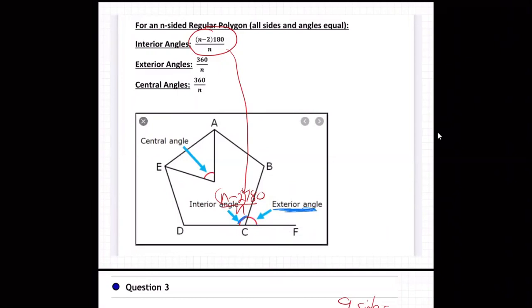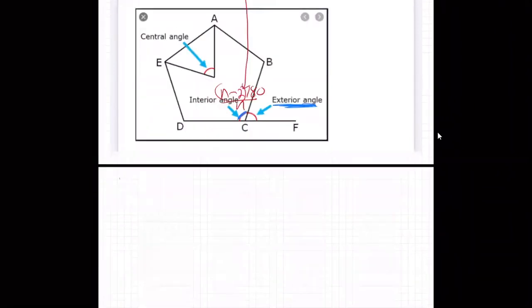So to find the exterior angle, in fact, let me just bring it down here. The exterior must be 180 minus the interior. Does that make sense? That's what we always did. Remember us doing that in the other section? Like if somebody told me, hey, this one is 100 degrees, well, then what's this one?